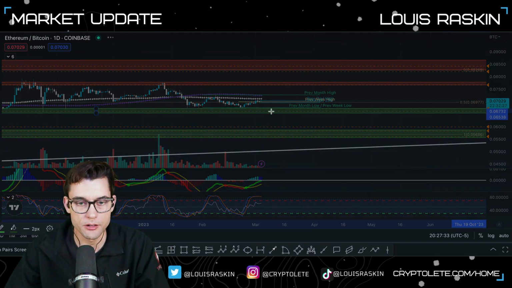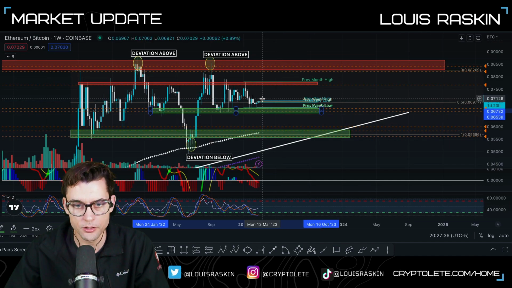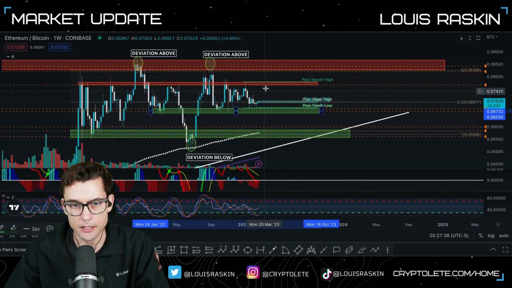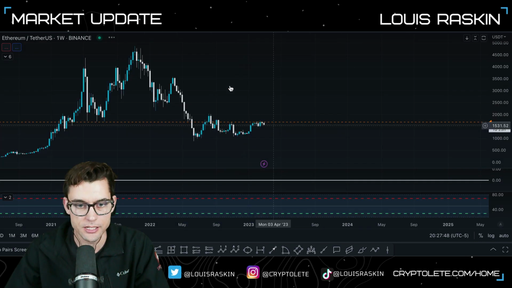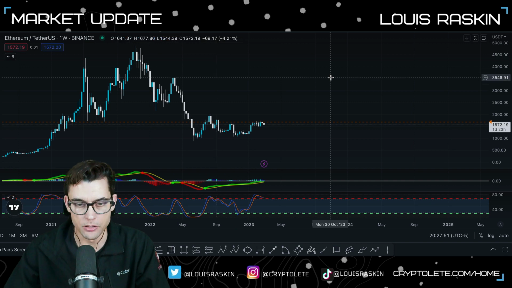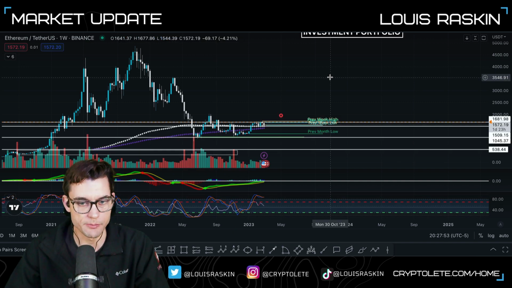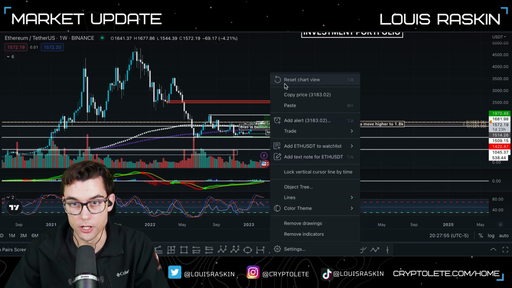Even though I do think Ethereum's going to outperform Bitcoin for the next couple of weeks, I only want to buy it if it's in this green zone, and or sell it if it's in this red zone. So I'm going to trade ETH against UST and all this other stuff, but I'm just going to hold off on that until it reaches my actual zones on that chart.